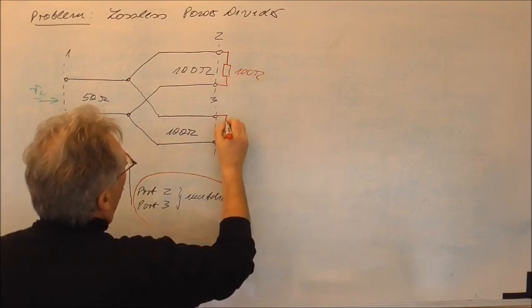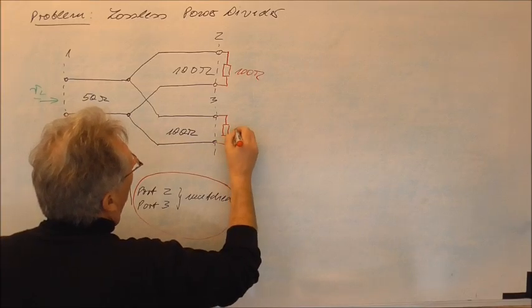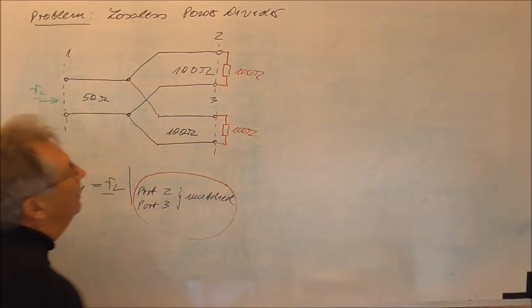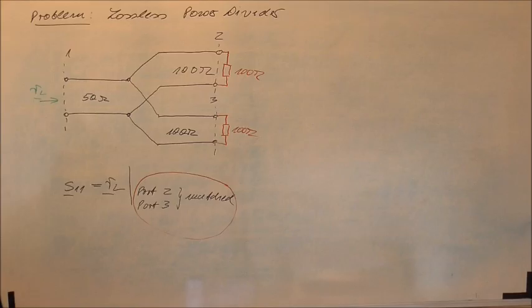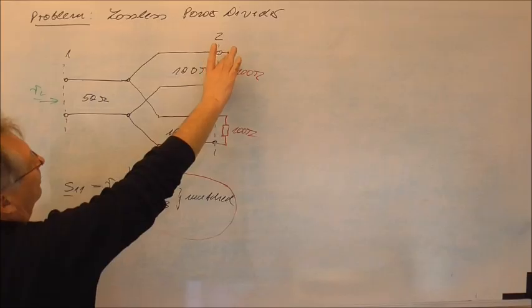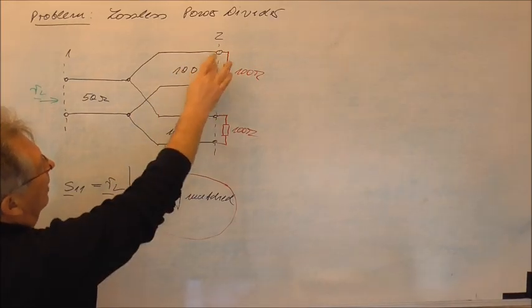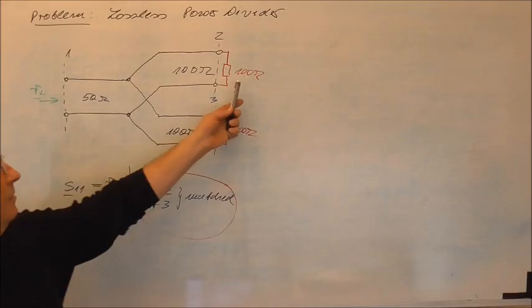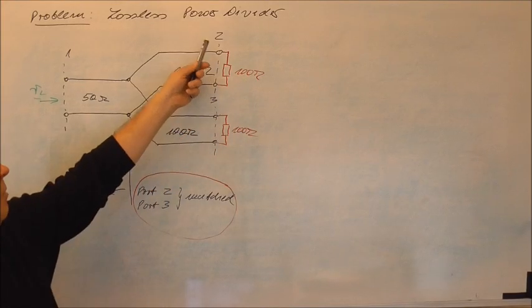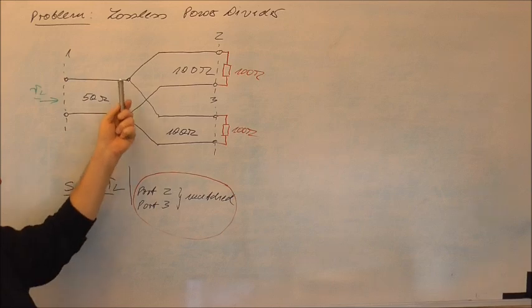We must terminate in its characteristic impedance, 100 ohm. If I terminate a transmission line with 100 ohm characteristic impedance, then this has 100 ohm. This 100 ohm is transferred into this plane.